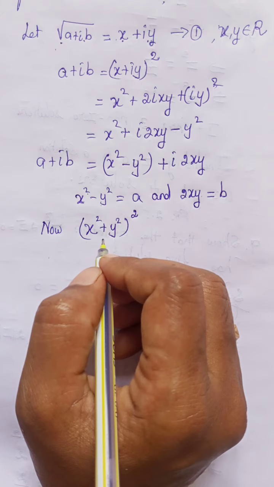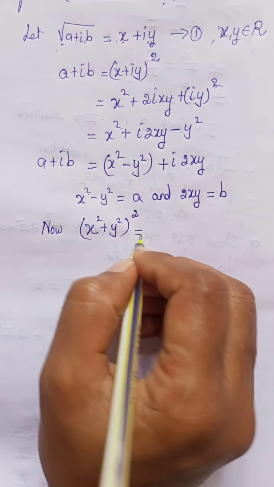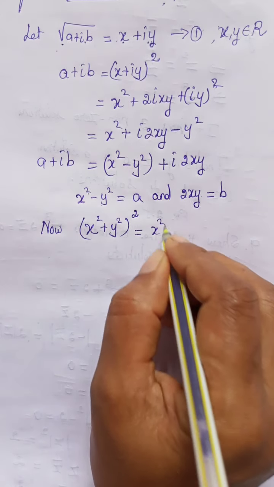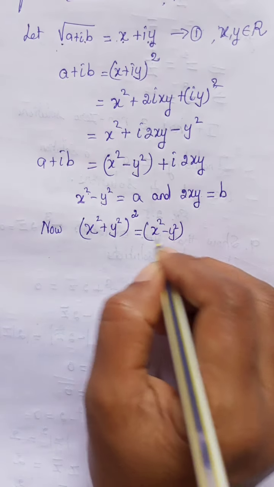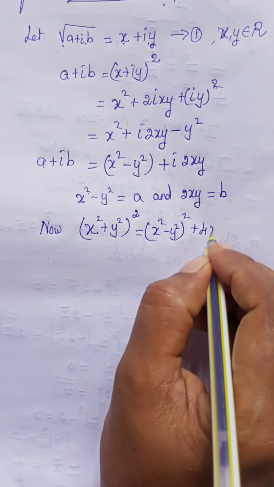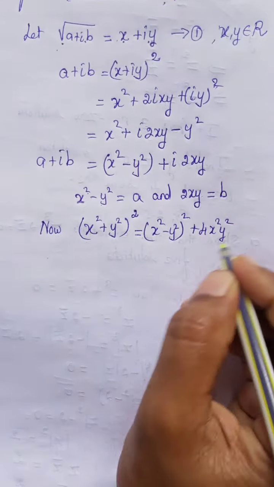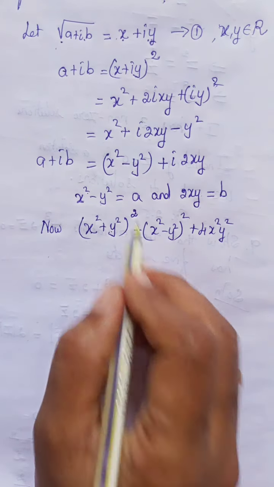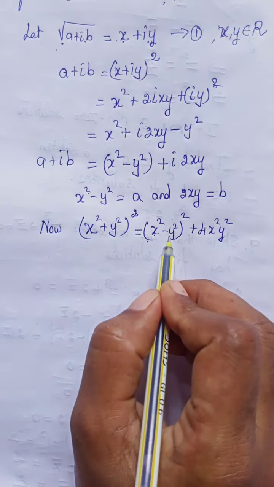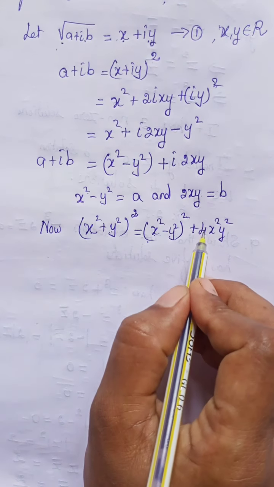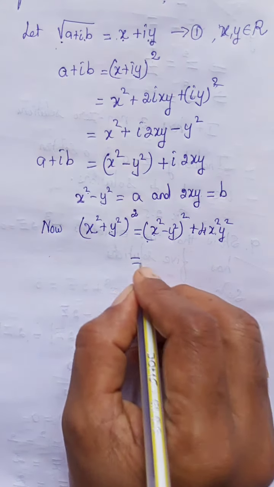This you may already know the answer. The formula: x square plus y square the whole square is equal to x square minus y square the whole square plus 4 into x square y square.